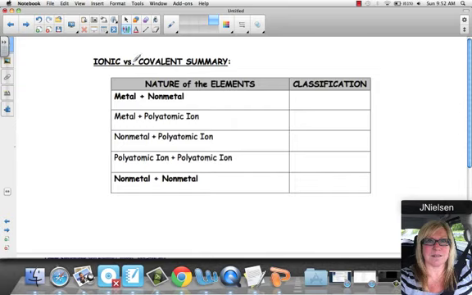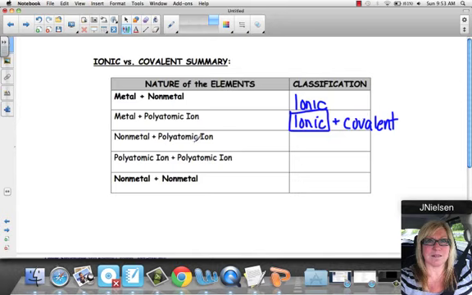Okay, so let's just review this. Ionic versus covalent summary. A metal and a nonmetal is going to be ionic. A metal and a polyatomic is going to be ionic. That's the main thing. But it's also covalent, and that's due to the polyatomic ion.